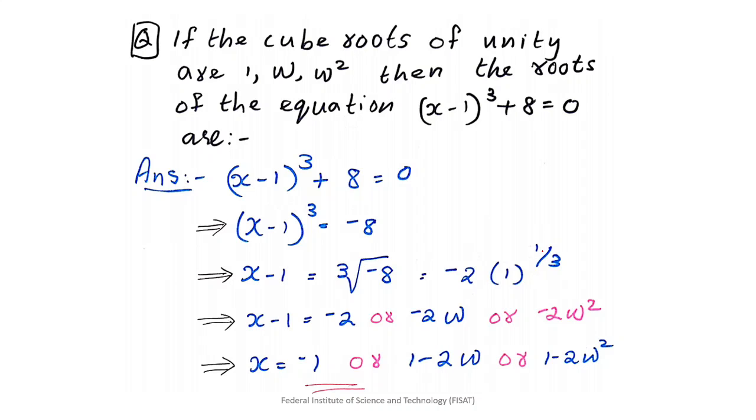So 1 raised to 1 by 3 is the cube root of unity. You can equate it to 1, omega and omega square. So x minus 1 equals minus 2, or minus 2 into omega, or minus 2 into omega square. This implies x equals minus 2 plus 1, which is minus 1, or 1 minus 2 omega, or 1 minus 2 omega square.